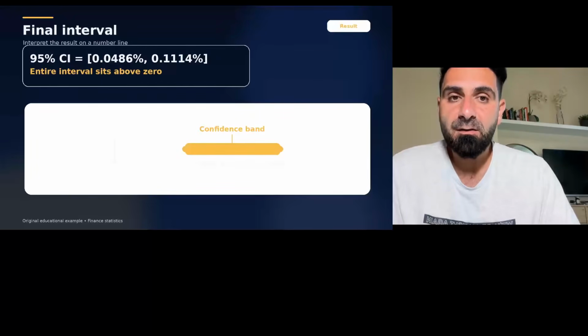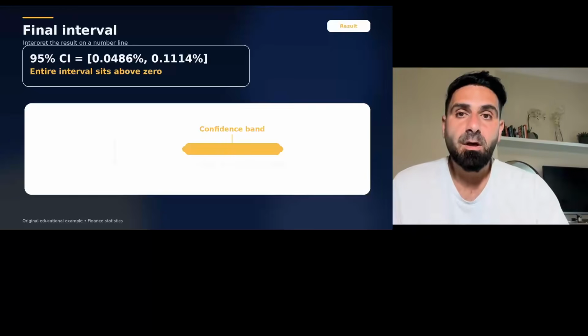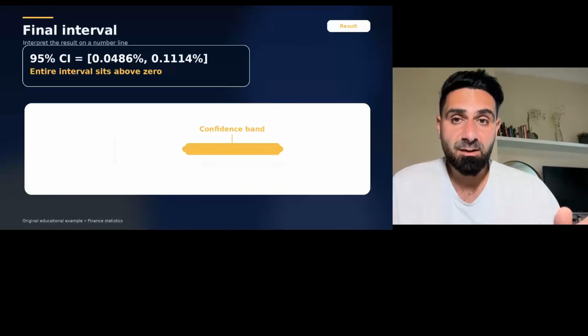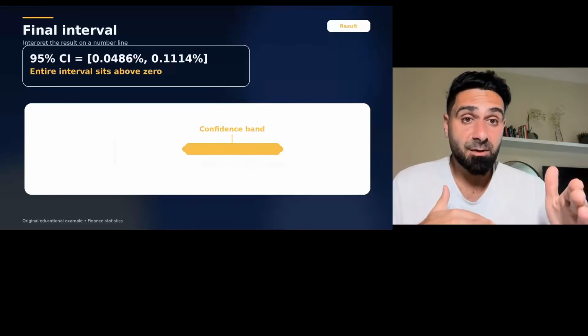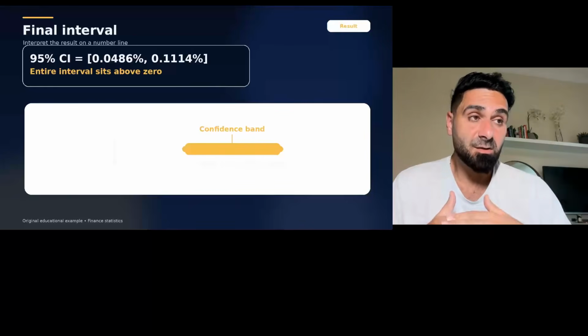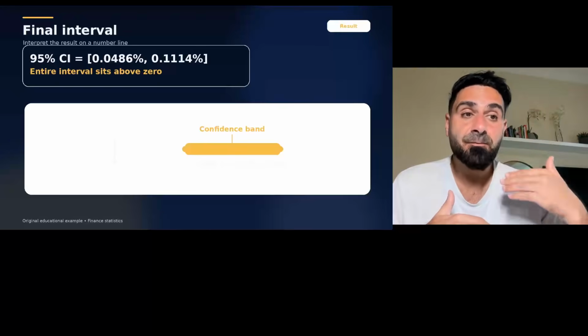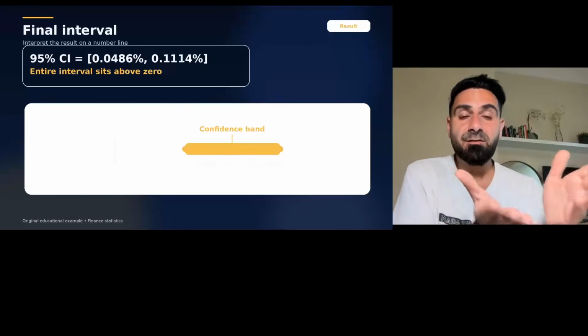So if you apply the equation we just discussed, the results will be 0.0486% and 0.1114%. So this is the entire interval set above 0. So if, for example, the specialist or the expert is saying that I guess that the mean is more than 0, the interval is shifting from the 0.